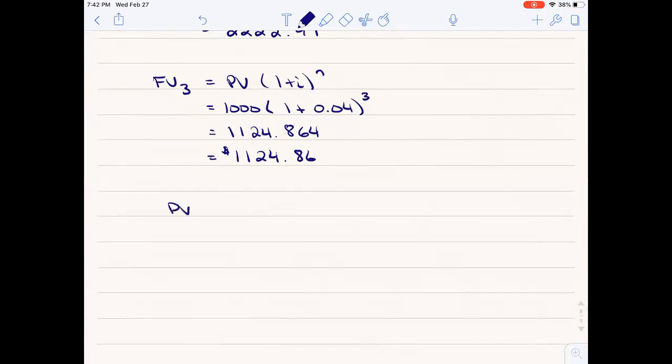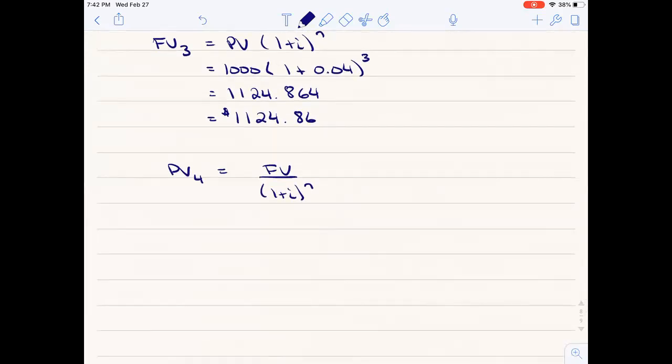Now we can solve for present value 4, which is the future value over 1 plus i to the power of n. The future value of this one was 2x. We don't know how much it is, but all we know is that it's 2 times the payment at 1.5 years. So 2x divided by 1 plus 0.04 to the power of 3, which is 1.04 to the power of 3.